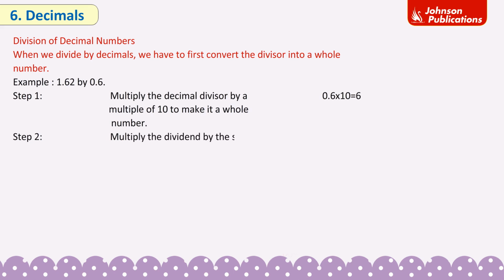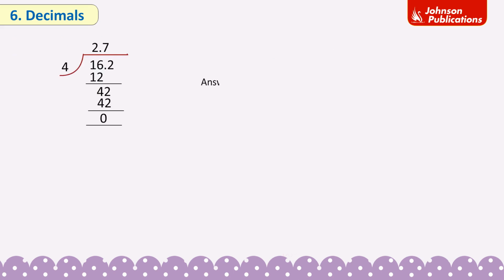Multiply the dividend by the same multiple of 10. 1.62 multiplied by 10 is equal to 16.2. Step 3. Now divide. Answer, 1.62 divided by 0.6 is equal to 2.7.